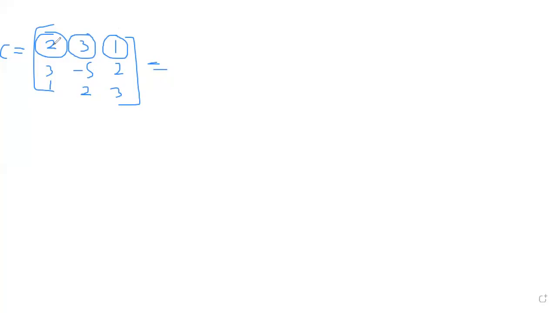So first, let's write the elements 2, 3, and 1. Then when we pick 2, you delete the column and the row on which the 2 is. That forms a 2 by 2 minor matrix, a smaller matrix, which is negative 5, 2, and then 2, 3.